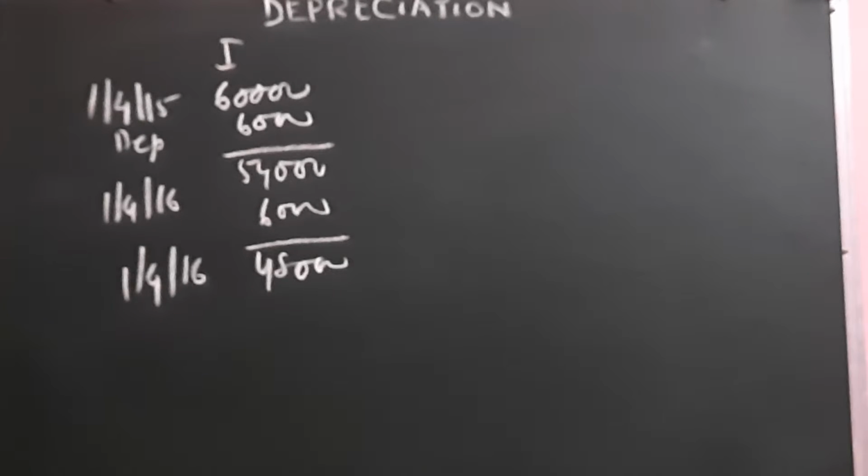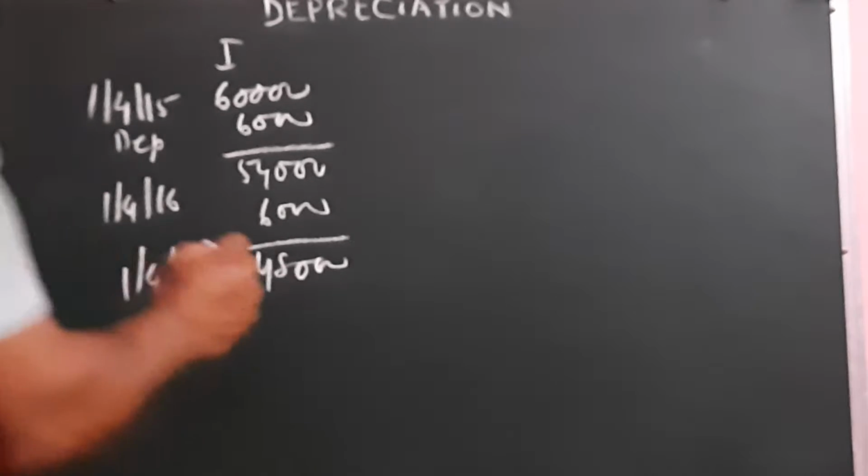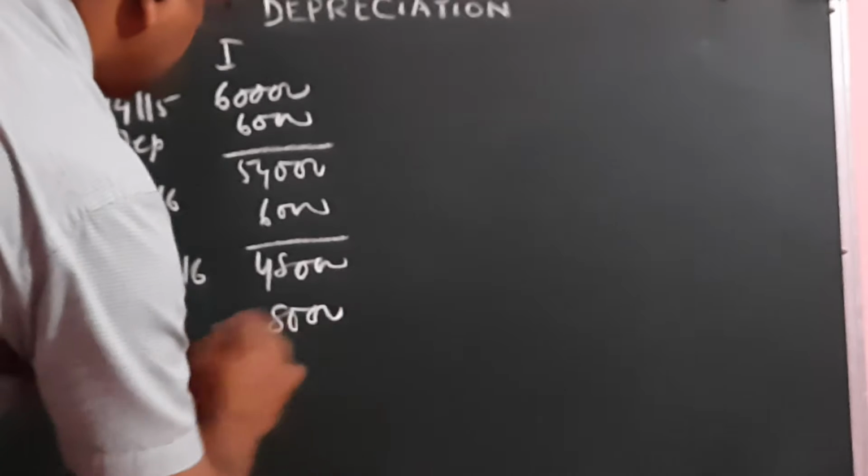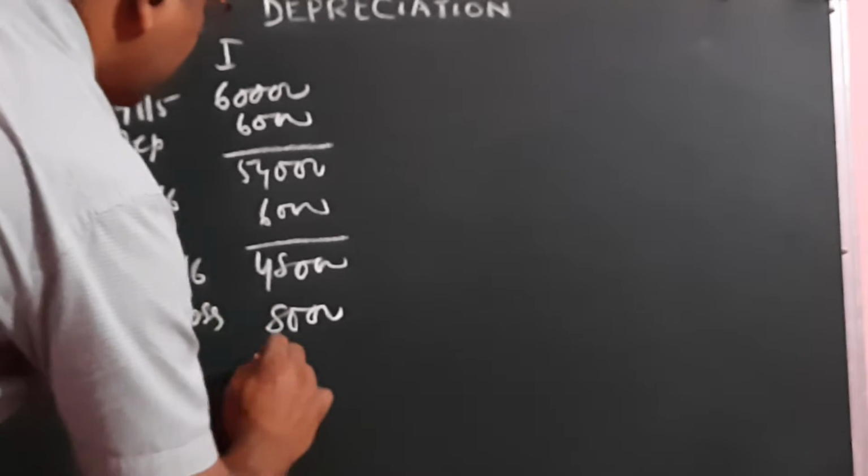This machine was sold at a loss of 8,000. So the cost is 48,000 and the loss is 8,000, so this machine was sold at 40,000. That is the amount we require.